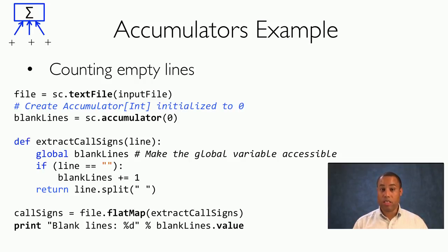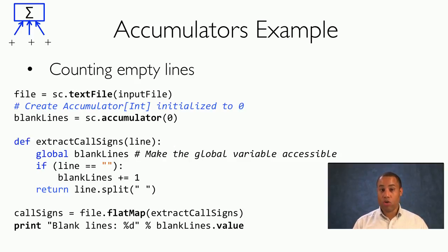And if the line is empty, we're going to add 1 to that accumulator. Otherwise, we're going to return the value of splitting that line. Now we can create a new RDD, call signs, by flat mapping that file RDD that we created, passing in the function extract call signs.